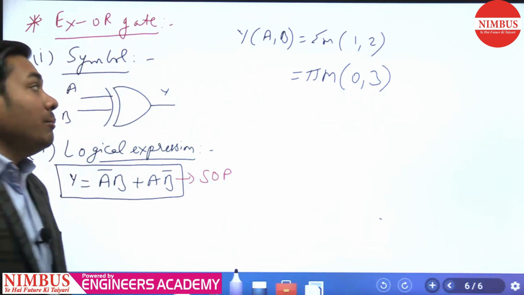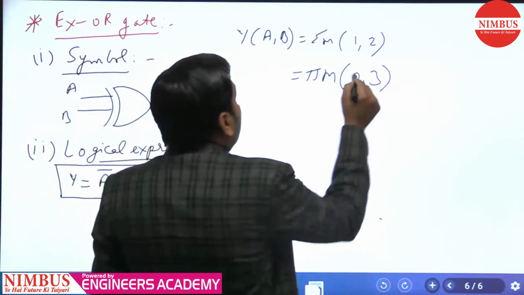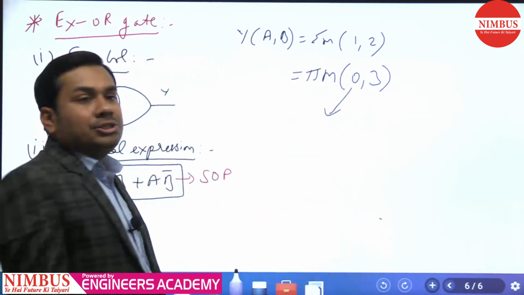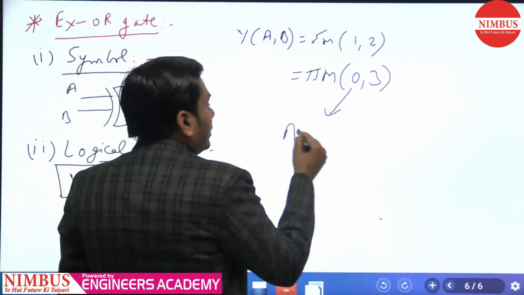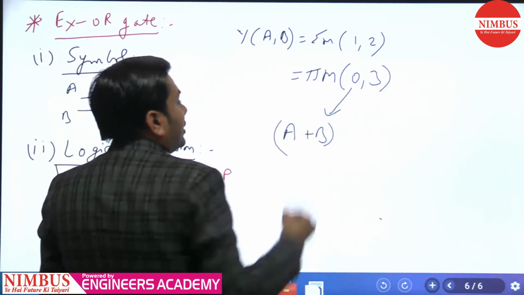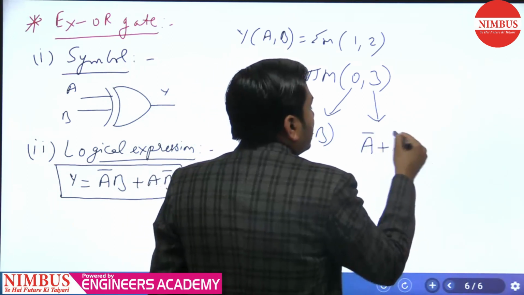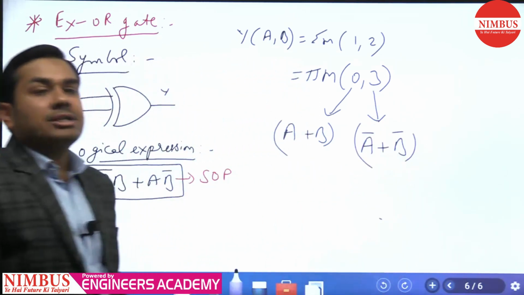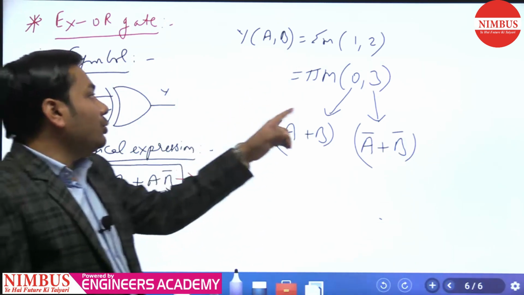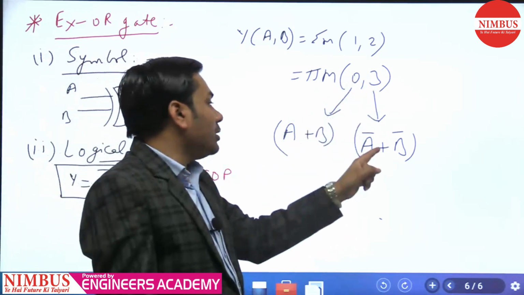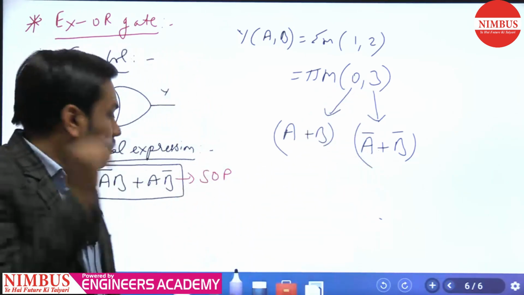So we have max terms for this function, that is 0 and 3. For the 0 we write the max term a plus b, and for the 3 we write the max term a bar plus b bar.